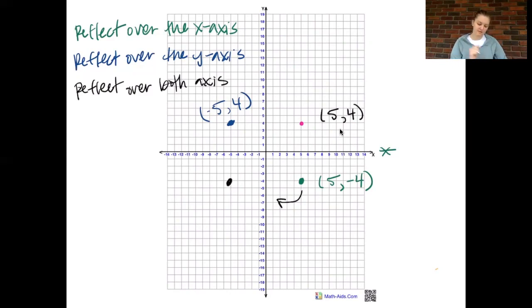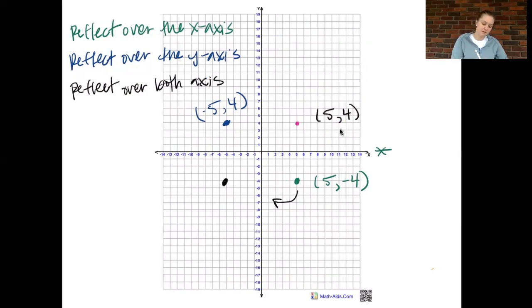They're both going to be 5 units away from the y-axis and the x-axis, or same, I could go from here over, and it's going to put me at the same spot either way, which is going to be at -5, -4. So when I reflect over both axes, you can see that both of my signs change. I was at +5, +4. Reflecting over both axes is going to put me at -5, -4.